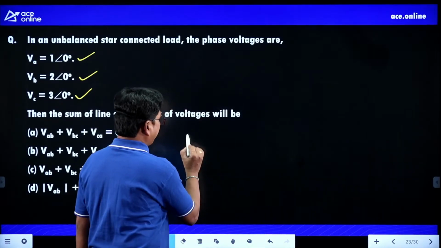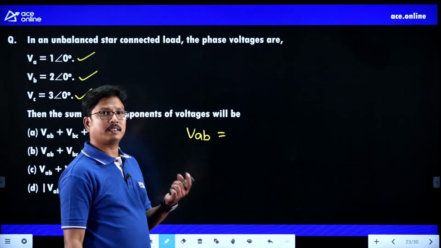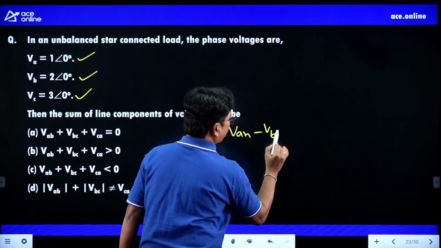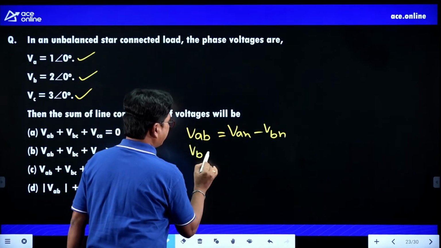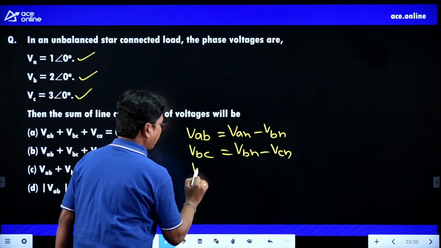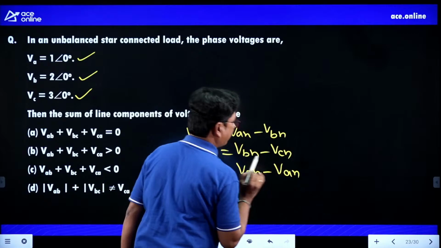Now check here, students. The sum of the voltages VAB. What is the formula to calculate VAB? The line voltage VAB is equivalent to VAN minus VBN, VBC is equivalent to VBN minus VCN, and VCA is equivalent to VCN minus VAN.